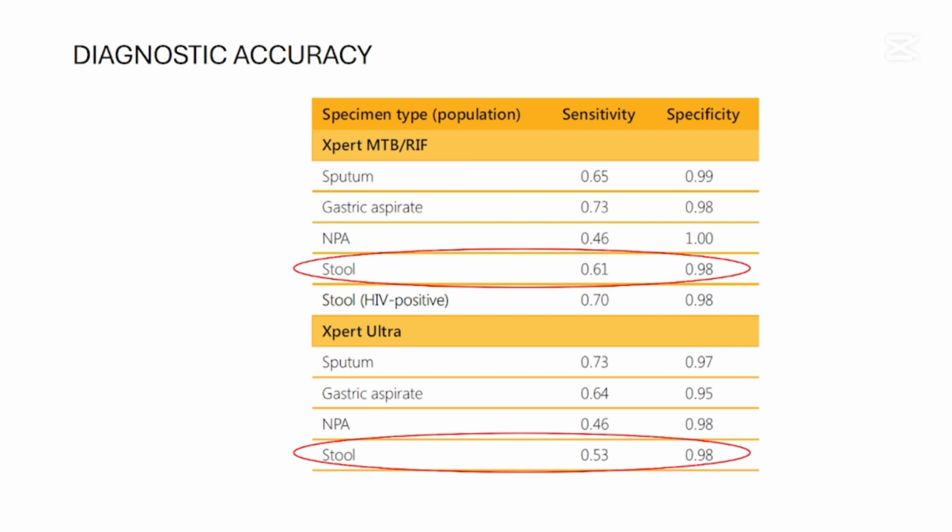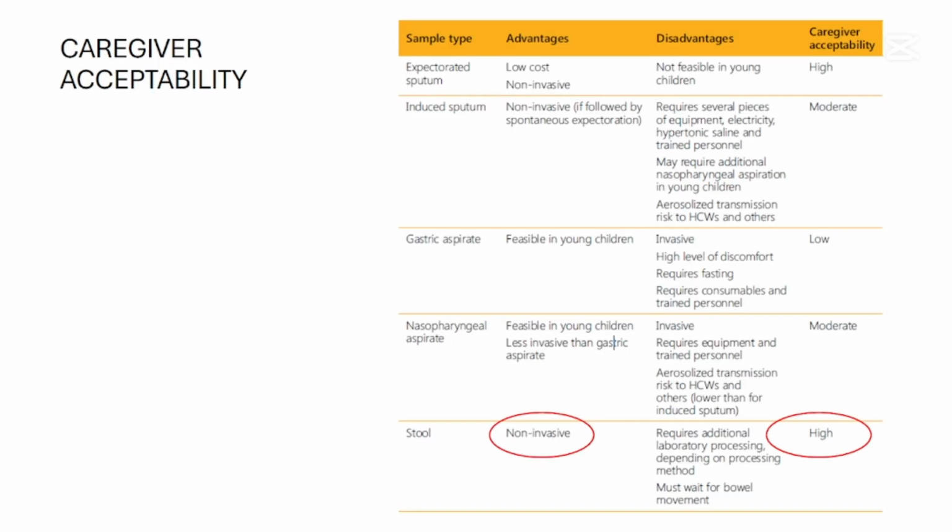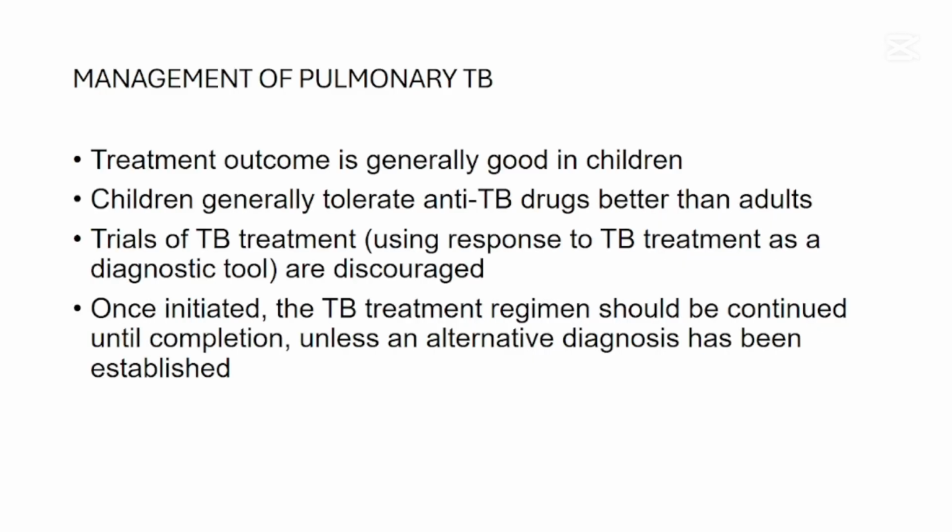So the stool GeneXpert and Xpert Ultra is almost equally sensitive and specific like other samples. And apart from that, it is non-invasive, and the caregiver acceptability is very high for stool samples.